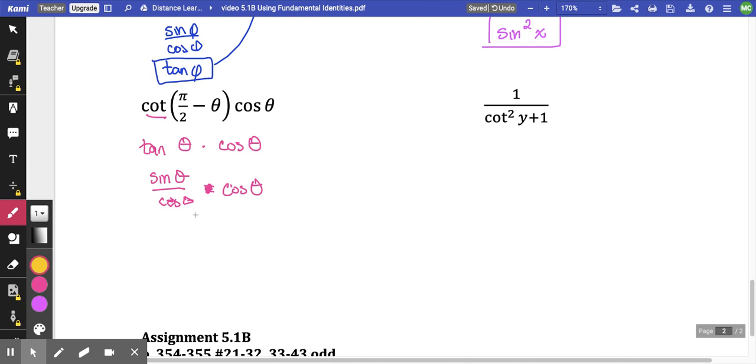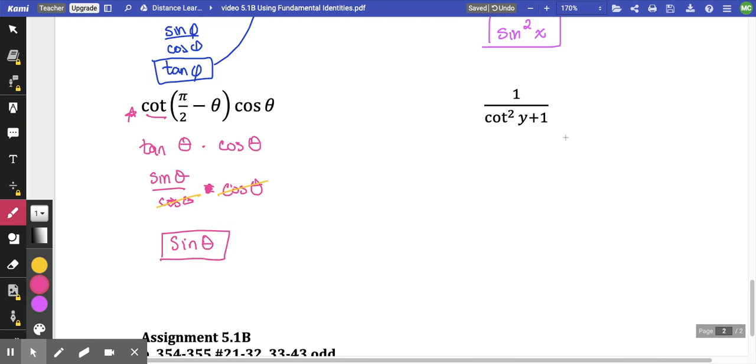Okay, and then again, once I've done that, then I can use what I know about mathematics there. Dividing by cosine and multiplying by cosine cancels out. So that leaves me with just sine of theta. And once again, a very interesting result. Looking at the original problem there, I probably wouldn't have guessed that that was equivalent to sine of theta.